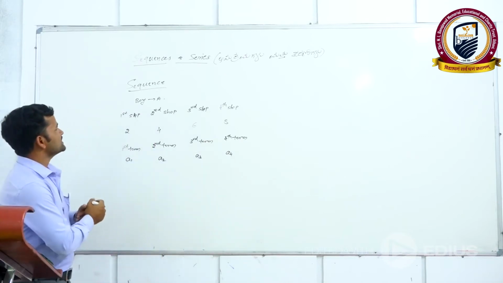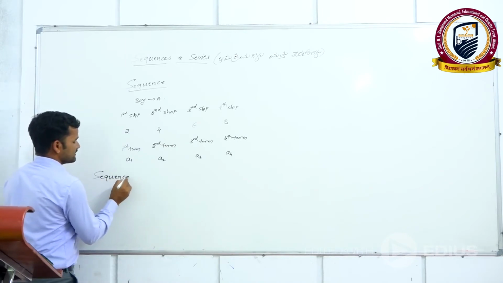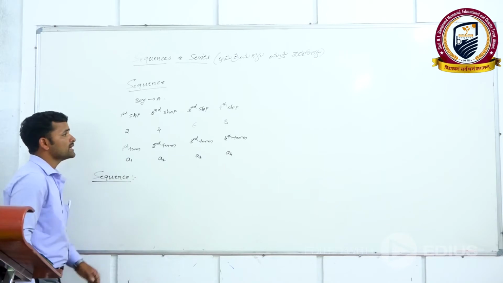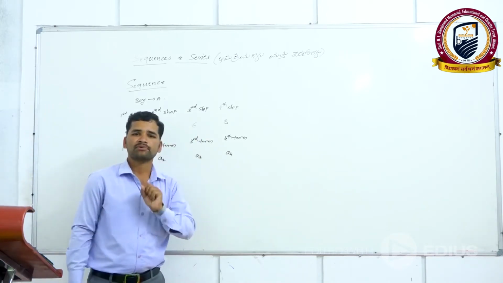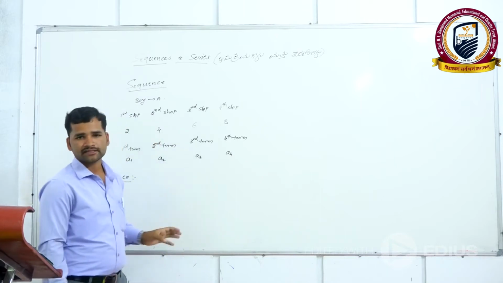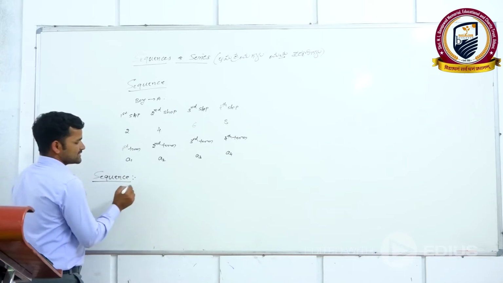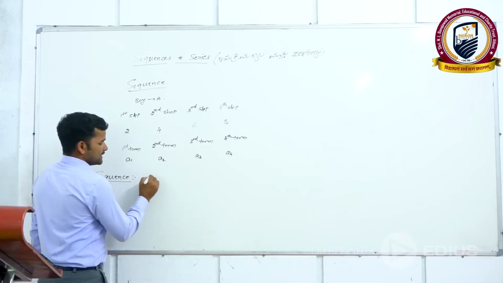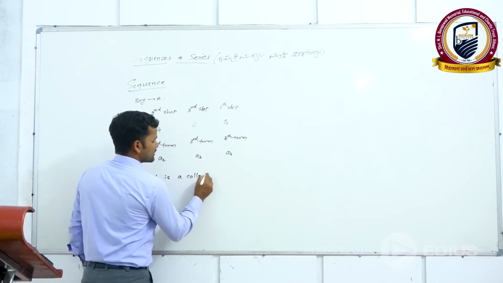Now what is the definition we will write for the sequence? The definition: these are just a collection of numbers according to a particular order. Here is an order. Without order we are not collecting these numbers. So the sequence definition you can write: it is a collection of numbers.